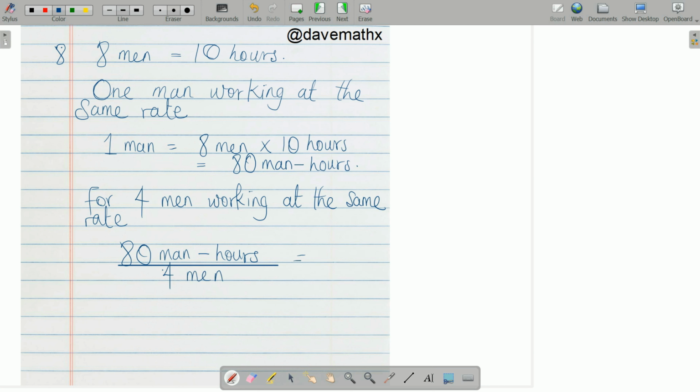We thus examine the various ways in which 80 can be divided by 4. Thus, we can locate 4 in 80, 20 times, and man-hours will cancel out men. Then our answer becomes 20 hours. So it will take 20 hours for 4 men working at the same rate to clear the field.